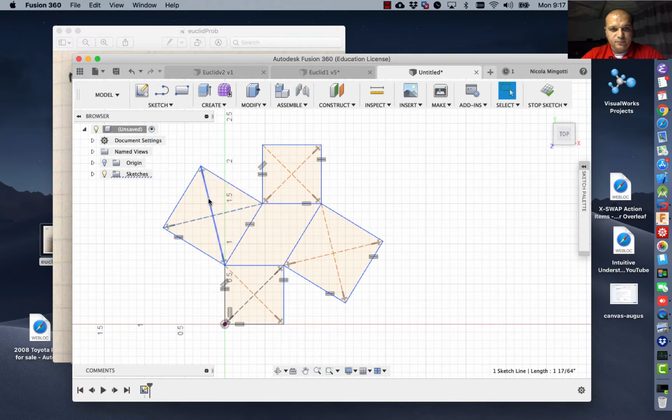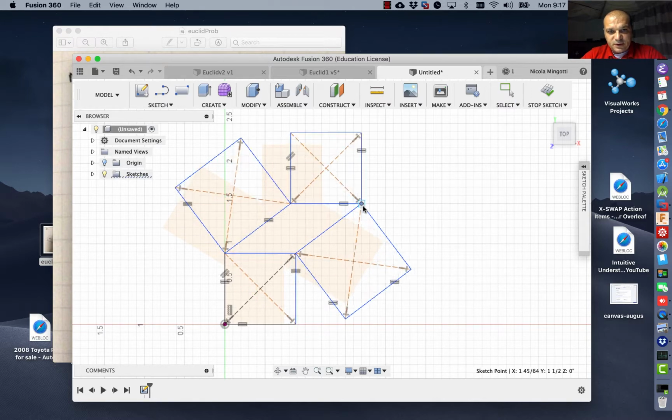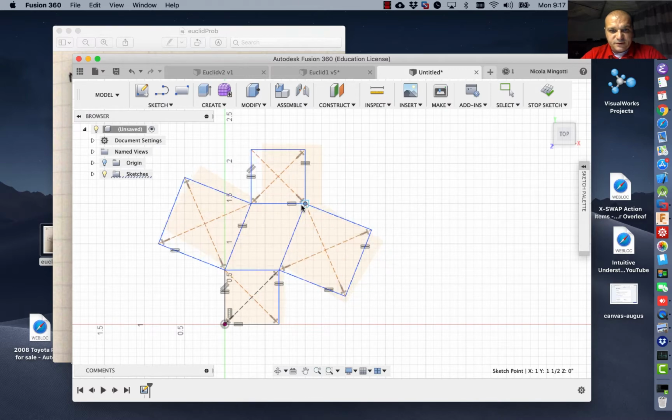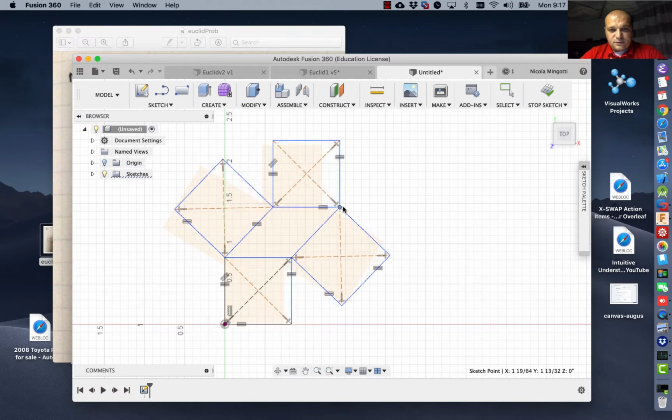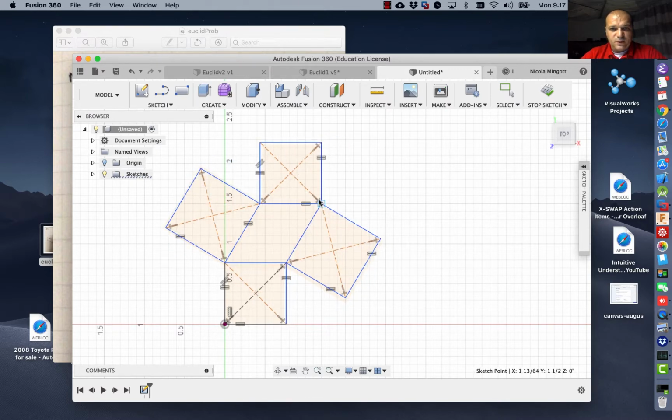Construction line. Construction line. Good, let's move our figure and see if everything goes well. Do the centers of the squares move well? And they do. Okay, so everything is well constrained.